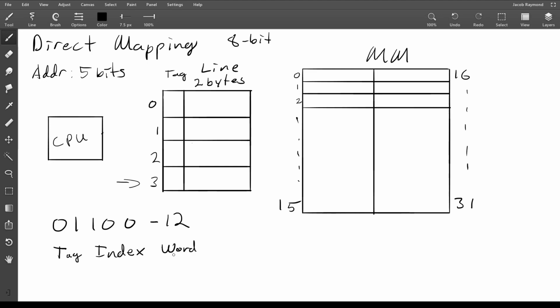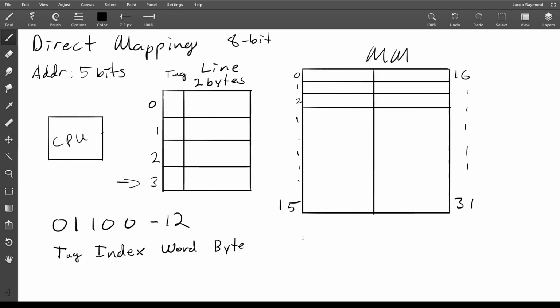And this essentially allows you to address a word within a line. So in this case right here, we have 2 bytes, which means we're going to need some amount of information to address whether we're trying to access like byte 0 or byte 1 of this line. And then we have a byte portion, which in this case isn't going to really matter because our words are bytes. But this typically is the number of bits that you need to address a byte within a particular word.